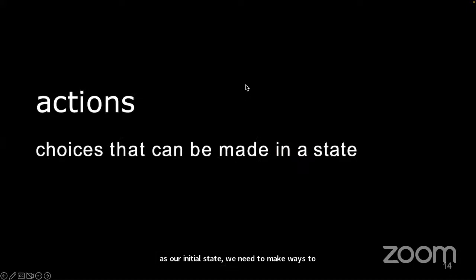For example, if we are given this board as our initial state, we need to make ways to rearrange this board into the final state. At each state, the agent or the AI program needs to make choices, and it has several choices among which it needs to select the most intelligent actions.